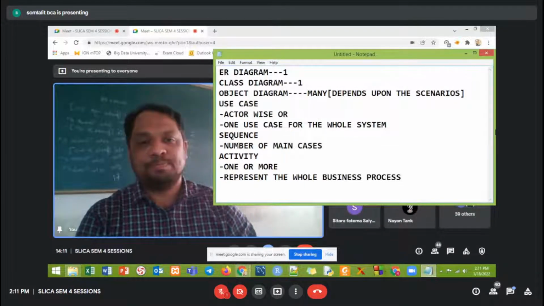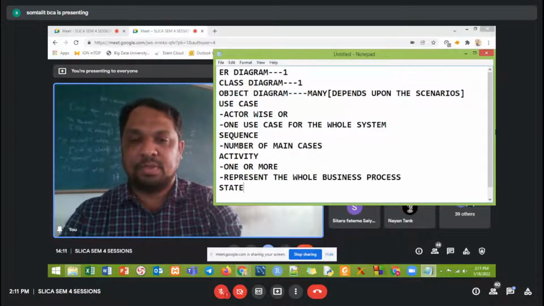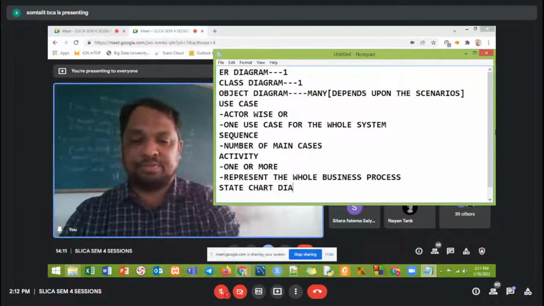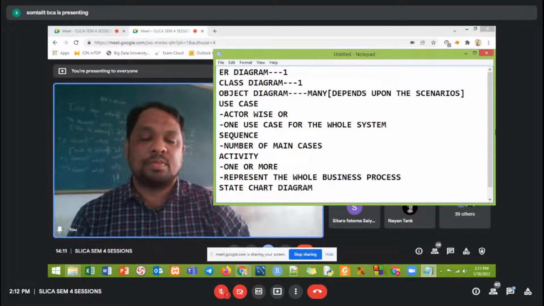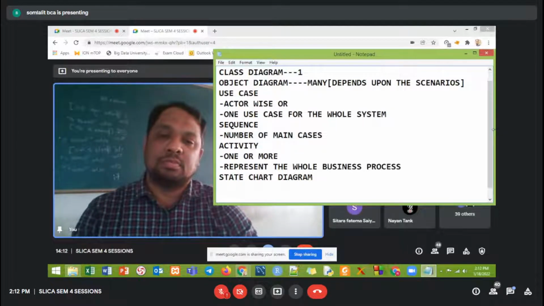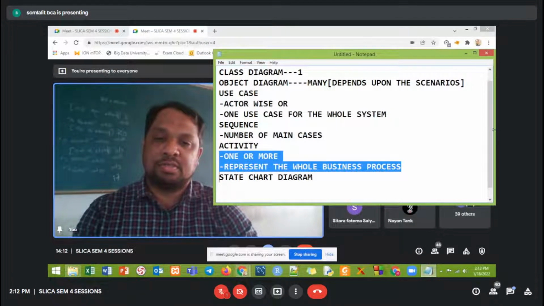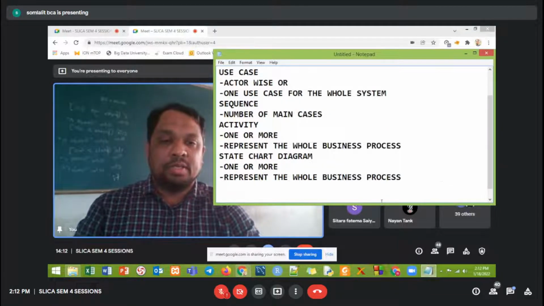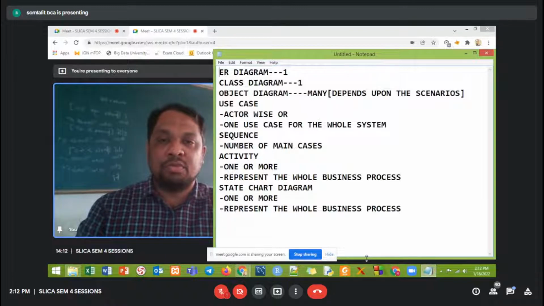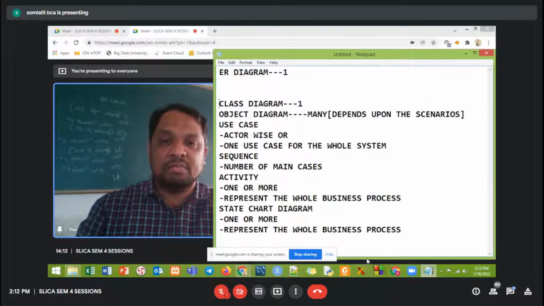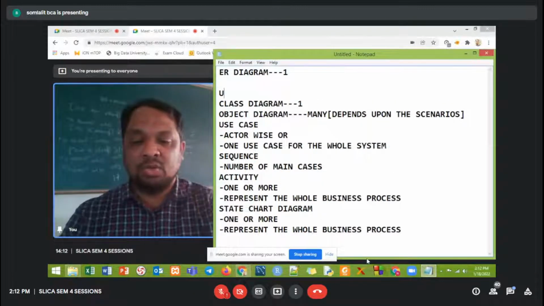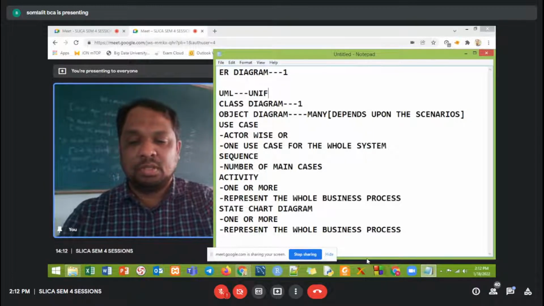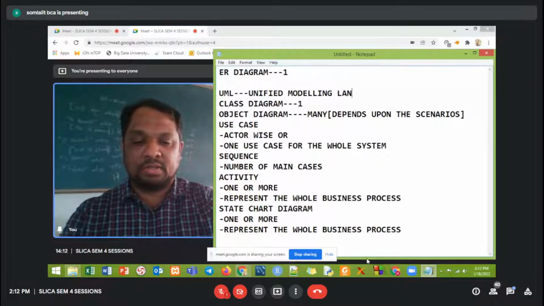Lastly, the state chart diagram. Again, it remains the same. All these things, from the class diagram onwards, are basically your UML, Unified Modeling Language.